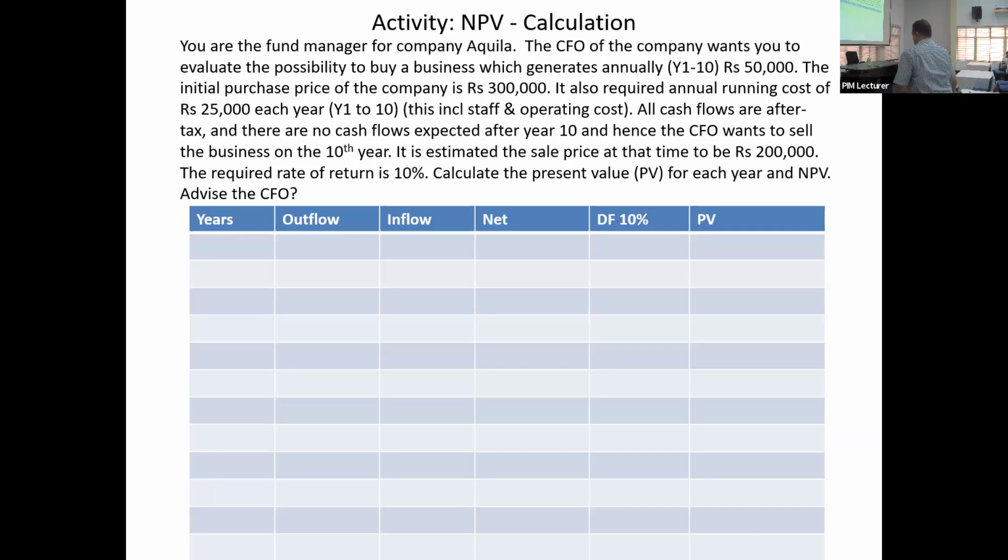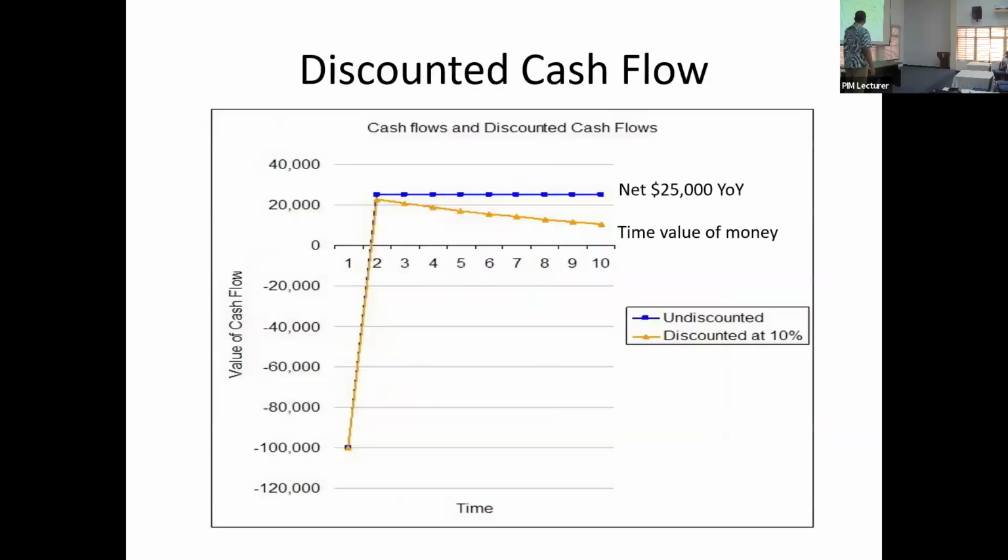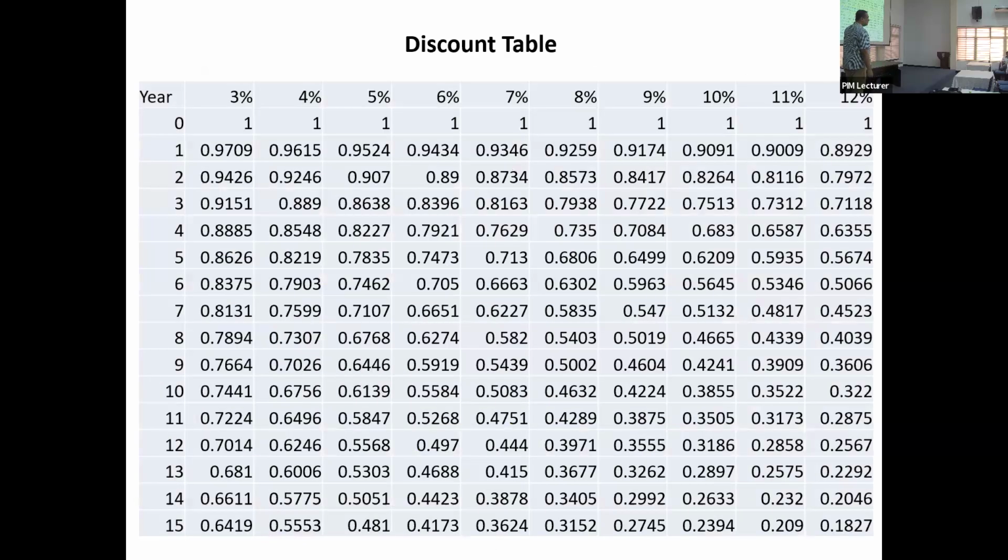And we'll just put, for 2 minutes, I'll put the discounted factor for, I think it's 10%, yeah. If you need to, copy down the 10% discounted factor.